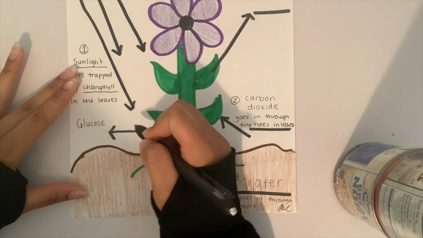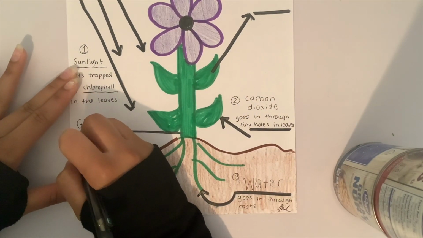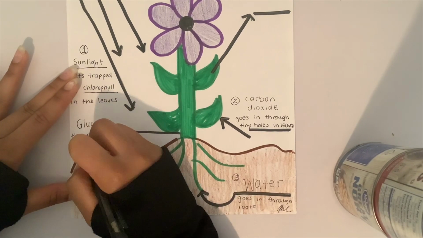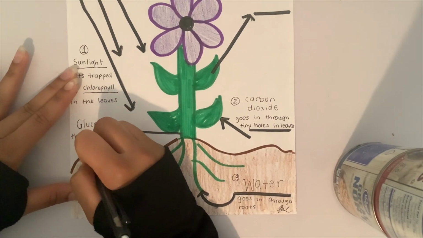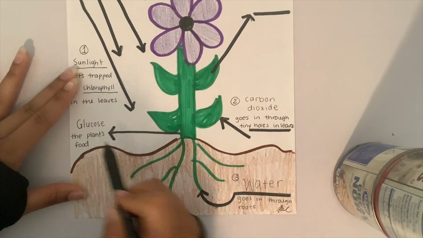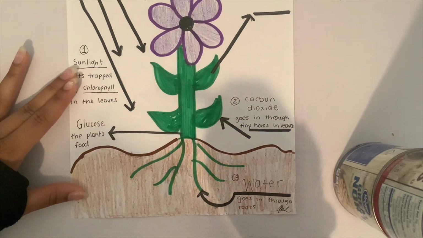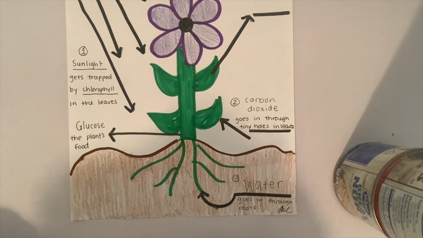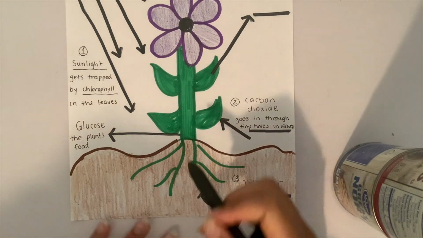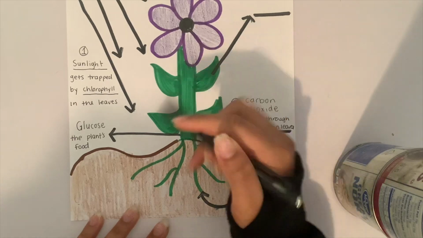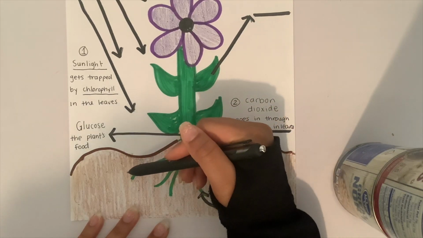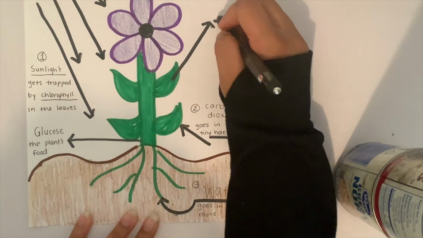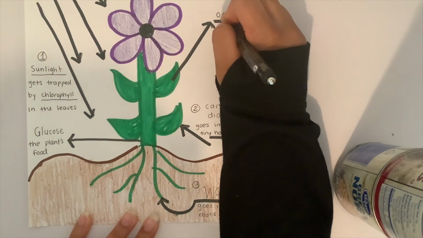So glucose, and we're just going to say underneath glucose, the plant's food. And we draw an arrow out of the plant so we know that the plant produces glucose, or it makes its own glucose, right? All right. So now that it's got its food, its glucose, it also releases one more thing. The plant releases oxygen.